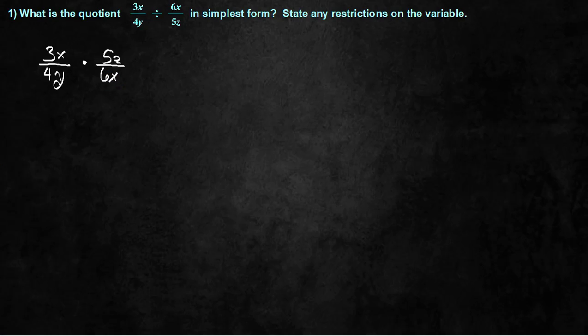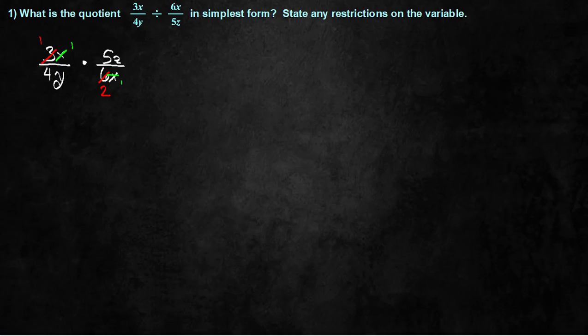And now we're going to look and see what can cancel. The 3 and the 6 can both be divided by 3, so that's going to be a 1 and a 2. The x's can both be canceled, leaving a 1 and a 1. There's nothing that can cancel with the 5, nothing with the z, nothing with the 4, and nothing with the y.